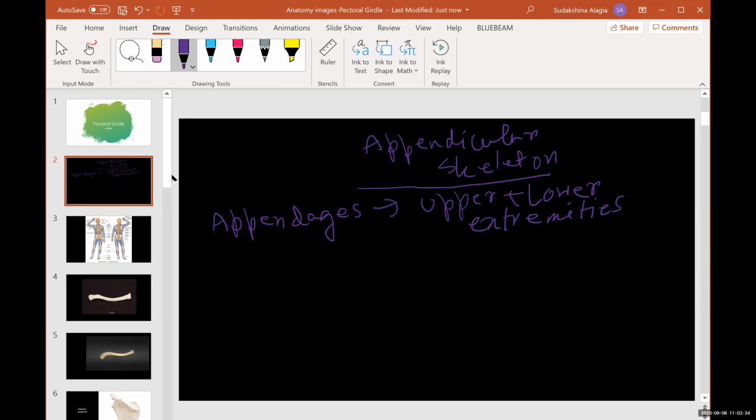So we have the axial skeleton along the axis of the body. Then we have appendages, upper and lower extremities. And we have bony, cage-like structures that attach those appendages to the axial skeleton.